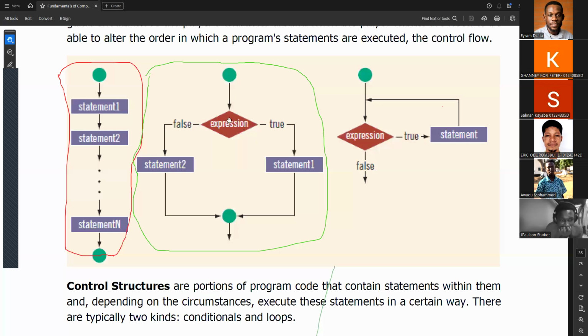With this one, we call this the decision symbol. In the decision symbol, you have your expression, which comes in the form of a condition. So, did the student score 50 or more? If it is yes, then it will say the student passed. If it is no, then the student failed.